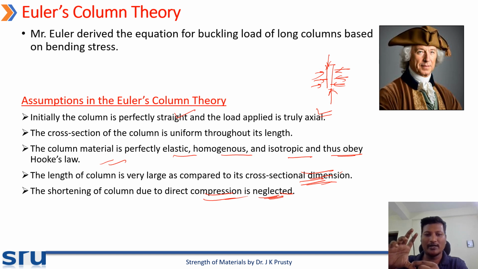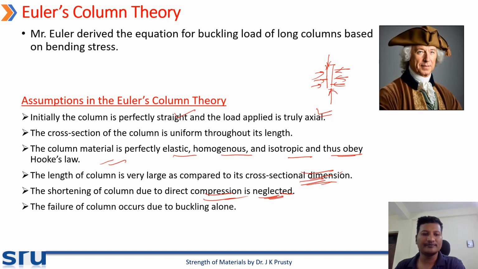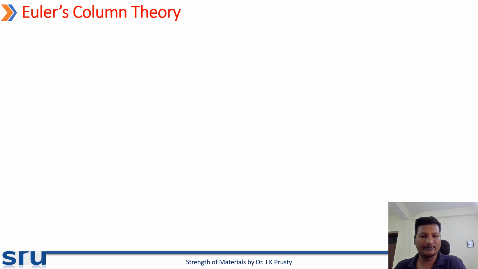The failure should not be because of direct compression. If it is there, it has to be so small as compared to the bending stress that the shortening due to direct compression is neglected. So the next assumption is that the failure of the column occurs due to buckling, which we discussed.